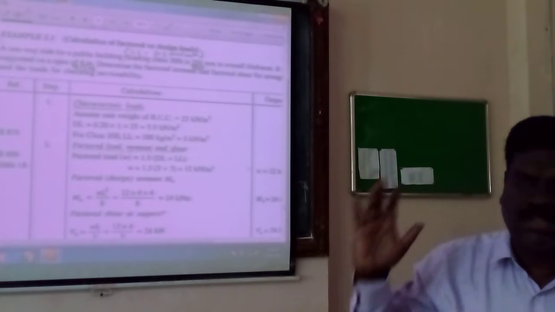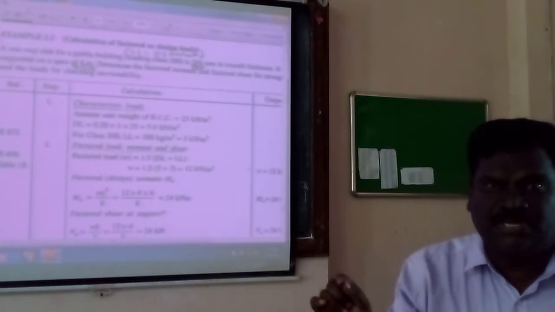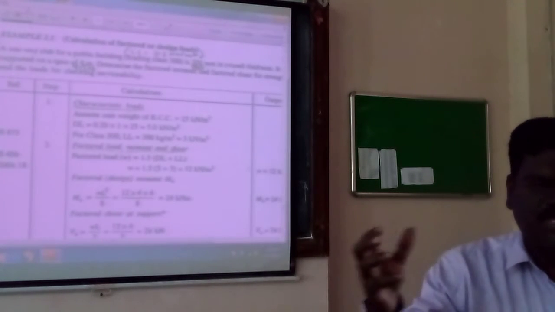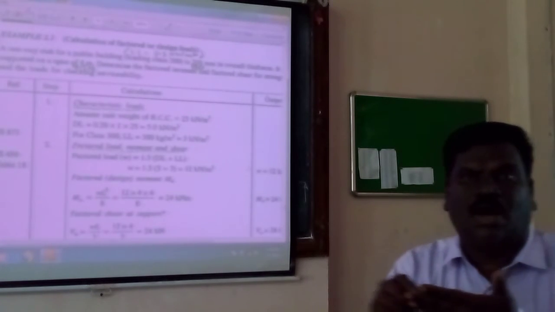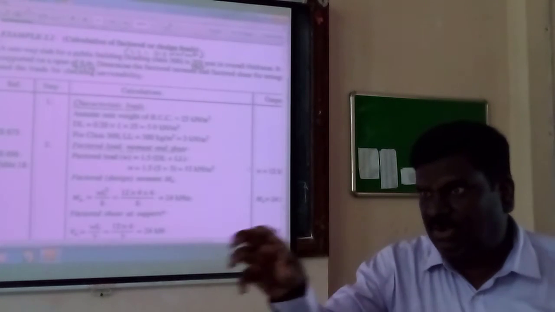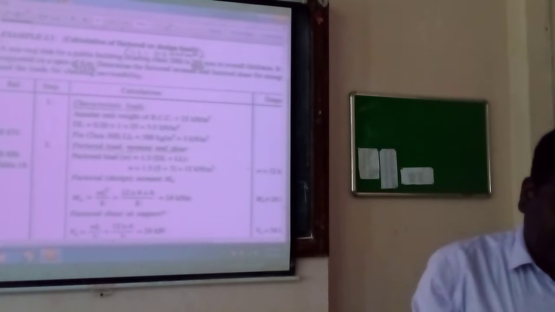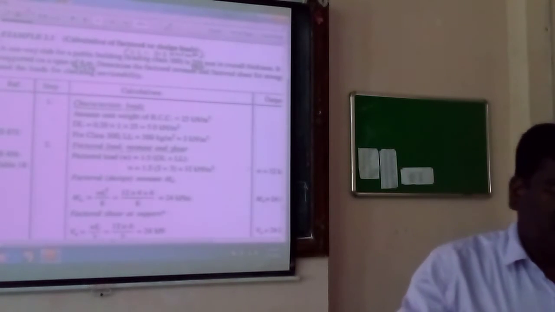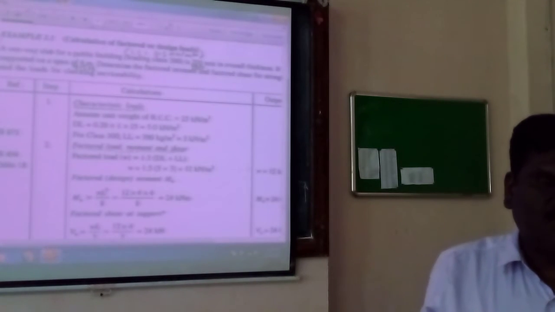Factored load is equal to ultimate load. If you don't like ultimate load or factored load, or design load, write down whatever is for your understanding. Ultimate load or factored load or design load is equal to 1.5 DL plus 1.5 LL.